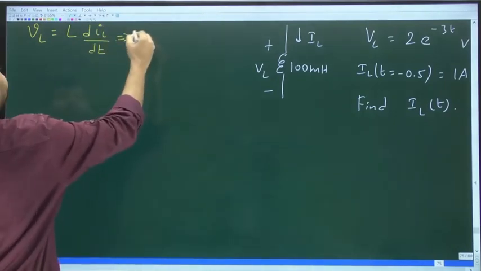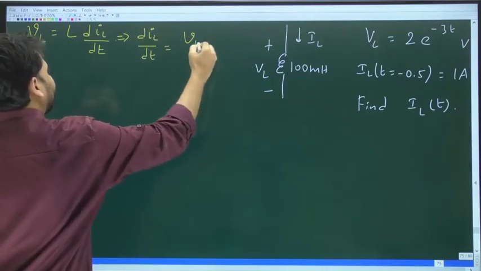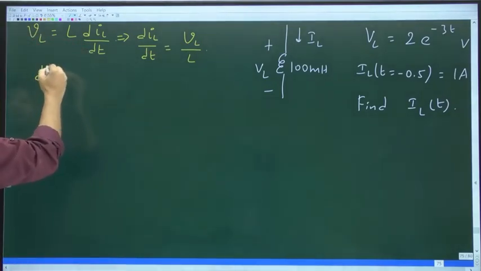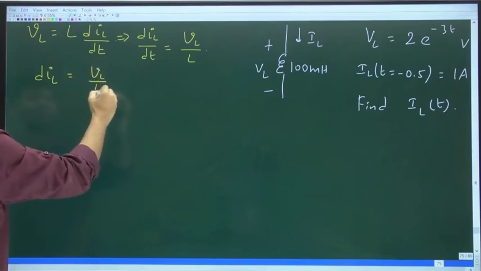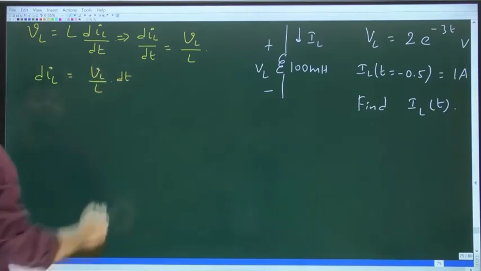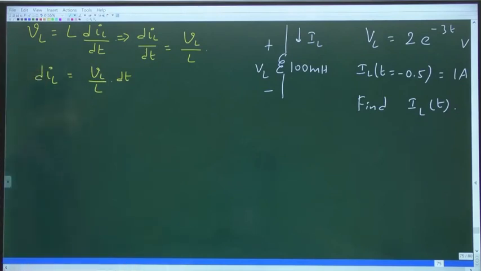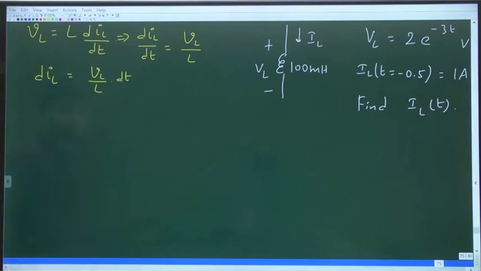This can be written as dIL by dt equal to VL divided by L, and again as dIL equal to VL by L times dt. I hope it is very clear up to this point.